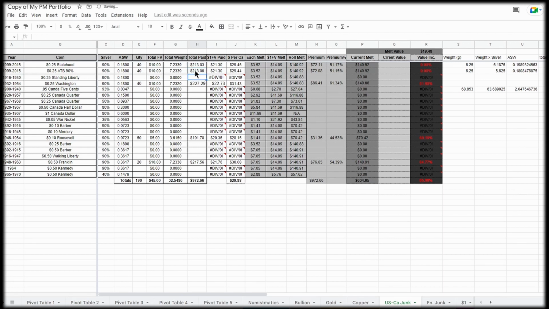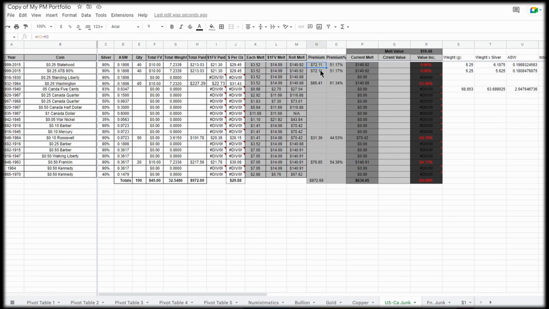Alright, so if we look at the state quarters or the America the Beautiful series, the quarter with 90% silver, then in that roll we have 7.23 ounces of silver, face value $10, so 40 quantity. The total price to us is 213.03 for a roll, whereas based on spot price, the melt price comes to 140.92.